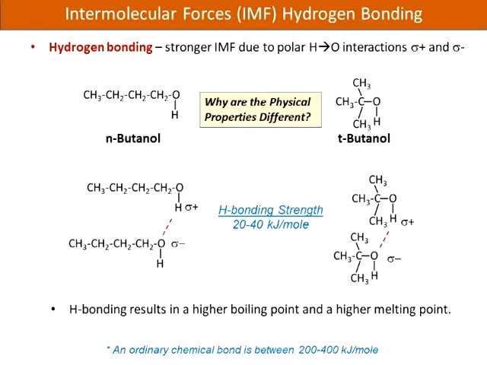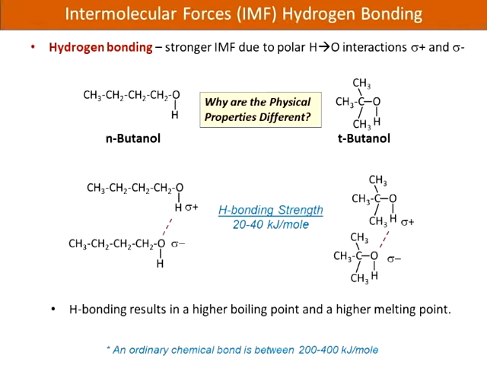We note that the same structure exists for the T-butanol as well. And because the structural features of N-butanol are different than those of T-butanol, the hydrogen bonding in N-butanol and T-butanol will be different, and that difference will be reflected in the physical properties.